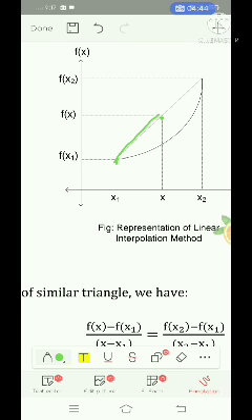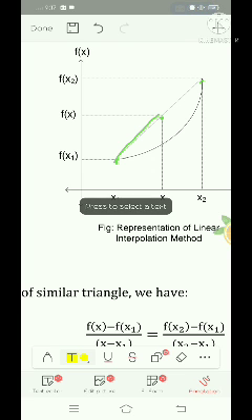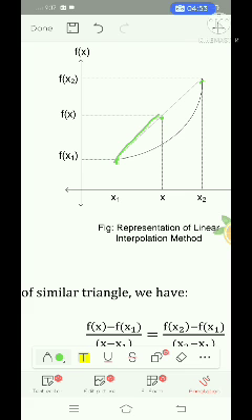Let's use another color, this one and this one.